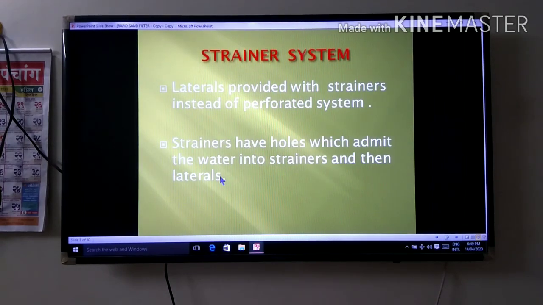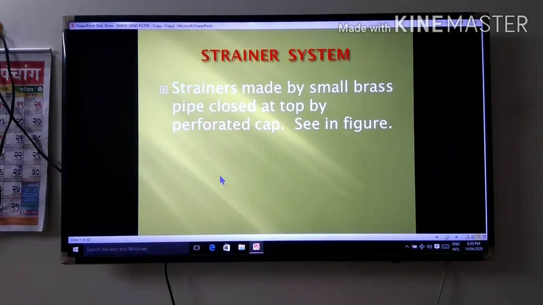Strainer system. Laterals provided with strainers instead of perforated system. Strainers have holes which admit the water into the strainers and then laterals. Strainers are made by small brass pipe closed at top by perforated cap. See in the figure.